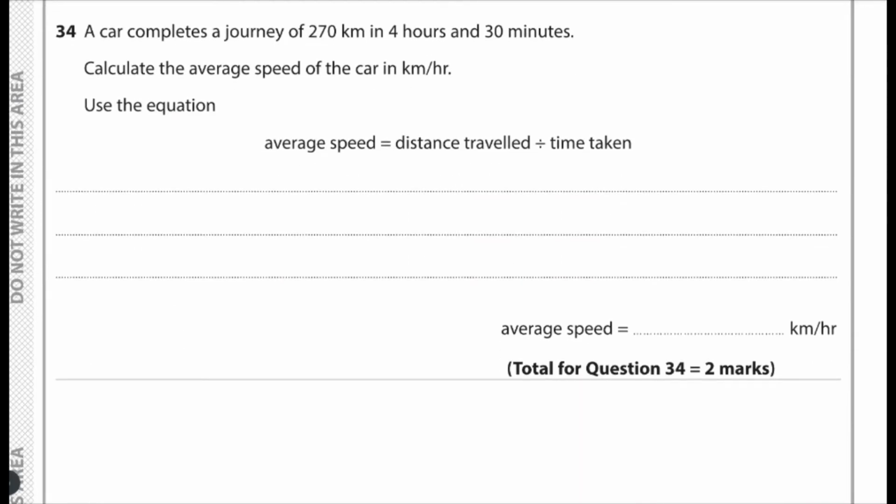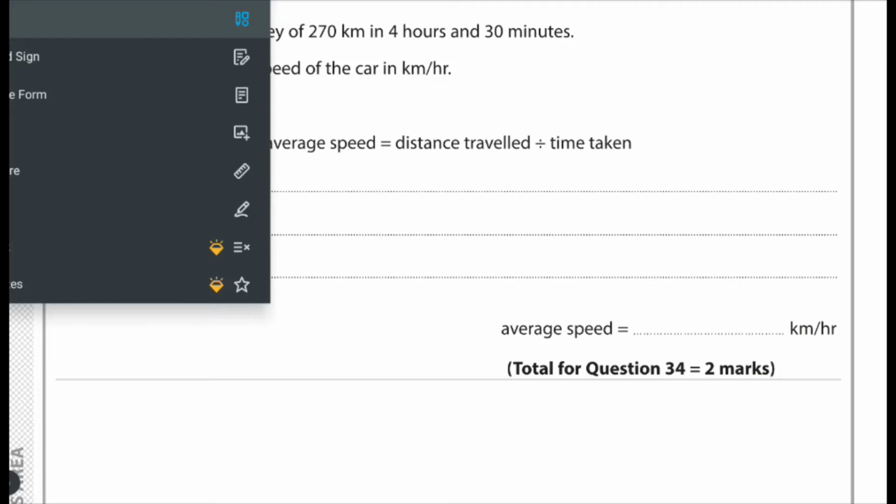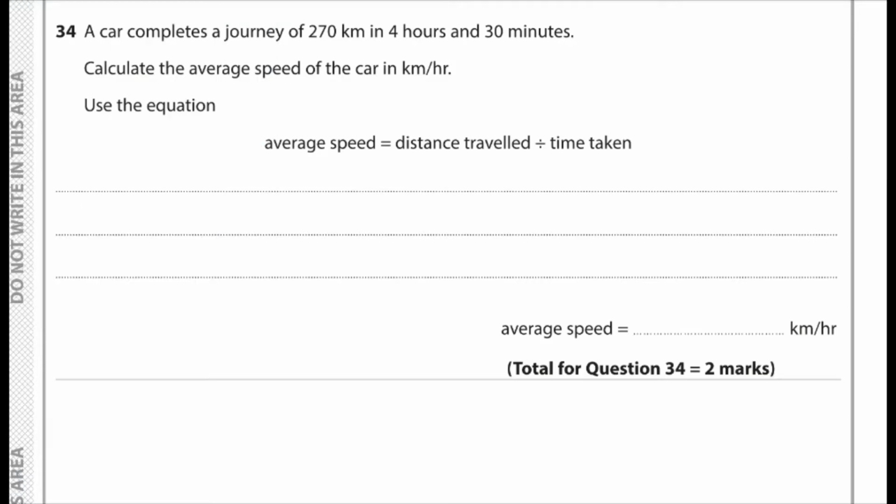34. A car completes a journey of 270 kilometers in 4 hours and 30 minutes. Calculate the average speed of the car in kilometers per hour. Use the equation. It's good that they have given almost all the equations here. The first one we better rearrange because they asked to calculate the speed.